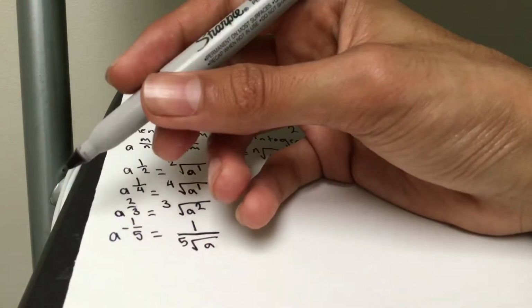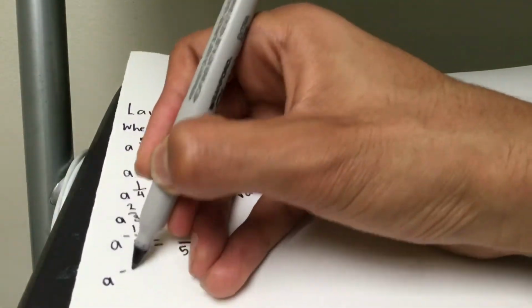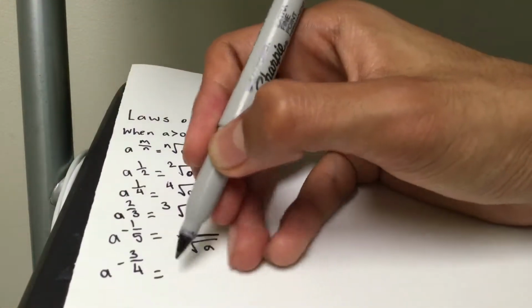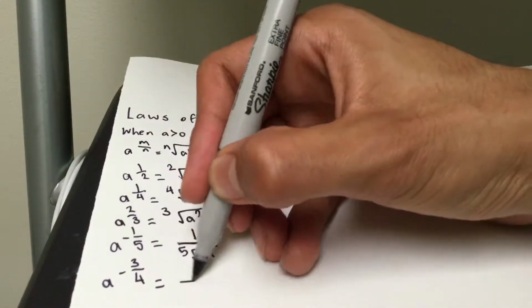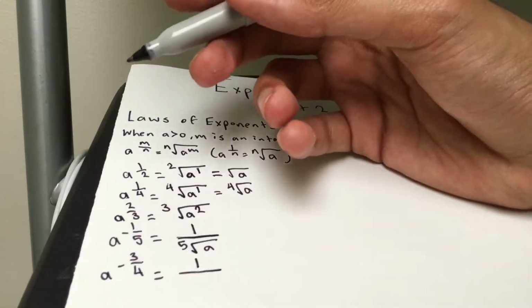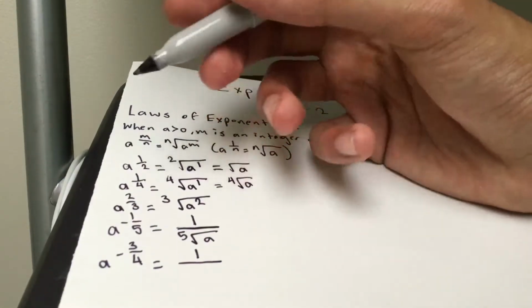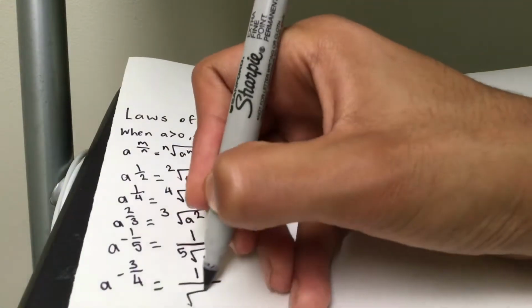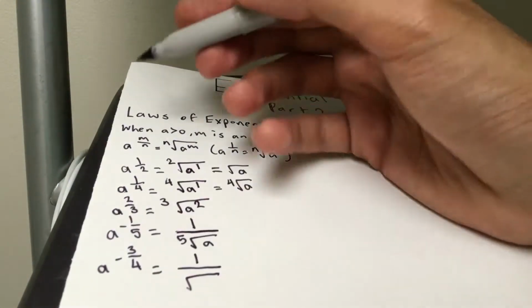Okay, so now let's do a to the power of minus 3 over 4. This is also going to be a fraction, as it's a negative exponent. Now let's put in our square root first of all, and we look for m.